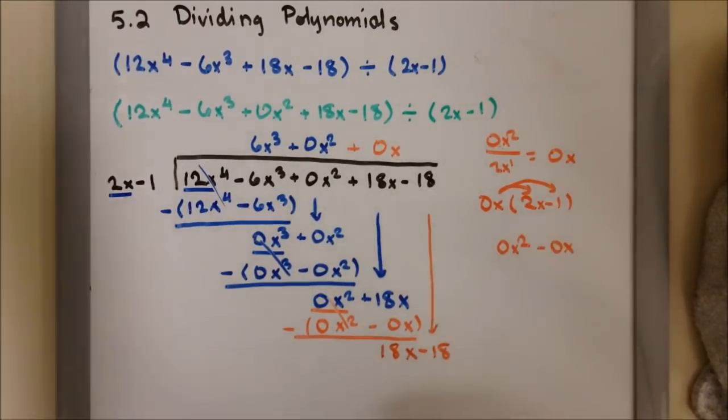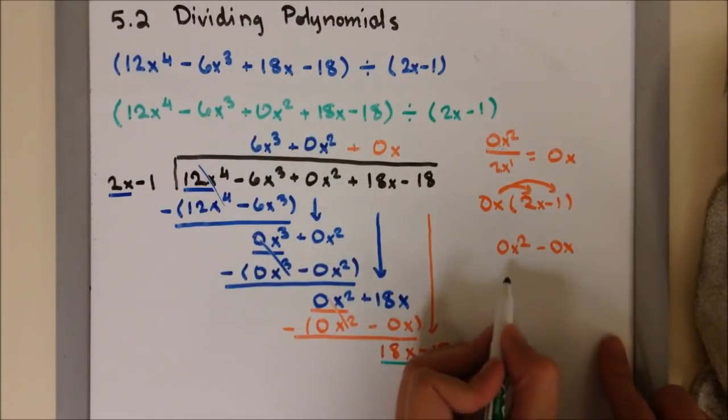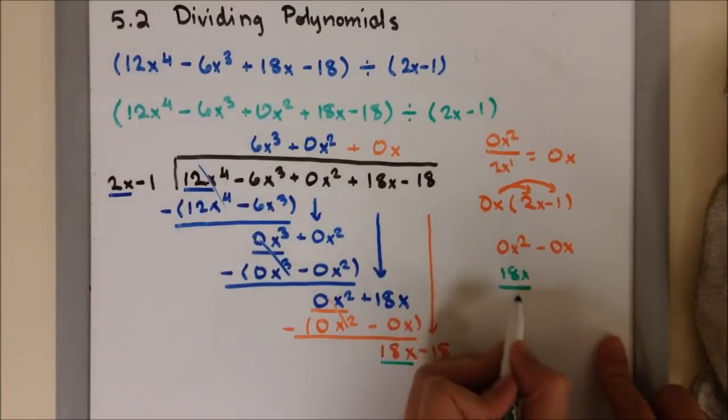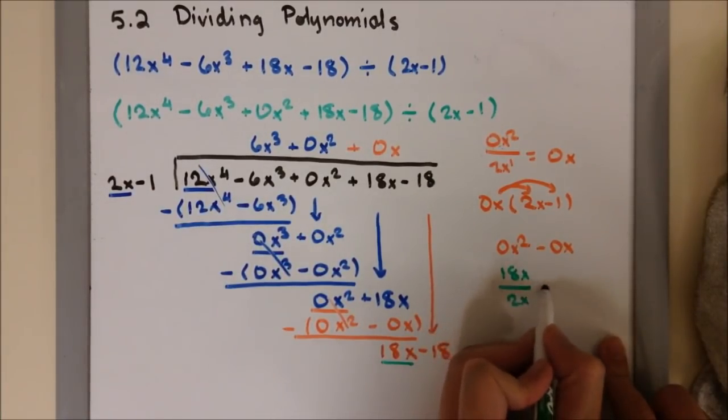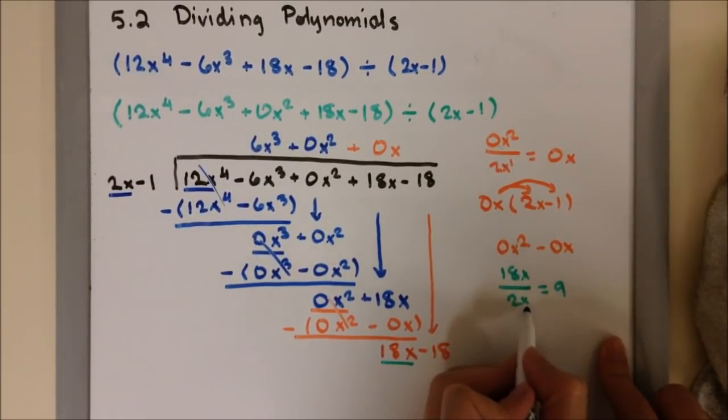Alright, so now I'm going to repeat the same process. So 18x divided by 2x. 18 divided by 2 is 9. X divided by x will be 1.